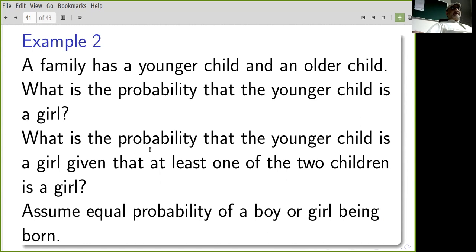What's the probability that the younger child is a girl, given that at least one of the 2 children is a girl? Well, what are all the possibilities? Boy boy, boy girl, girl boy, girl girl.